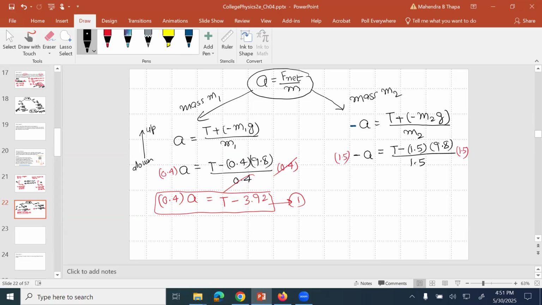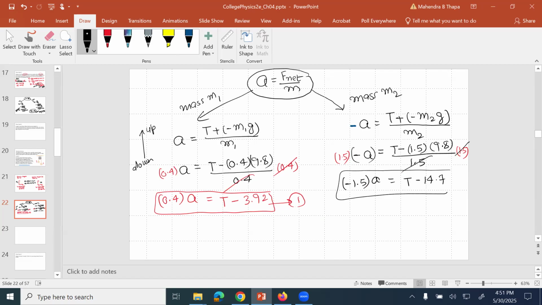That gives negative 1.5A equals T minus 14.7.